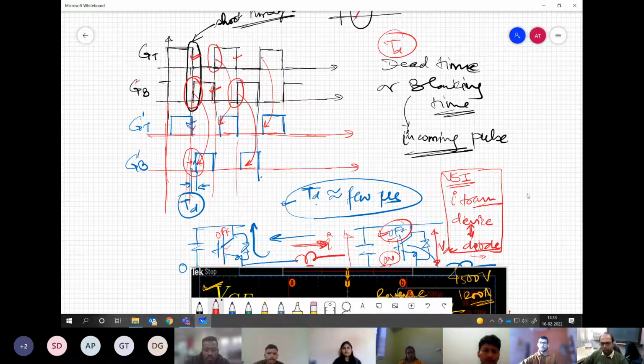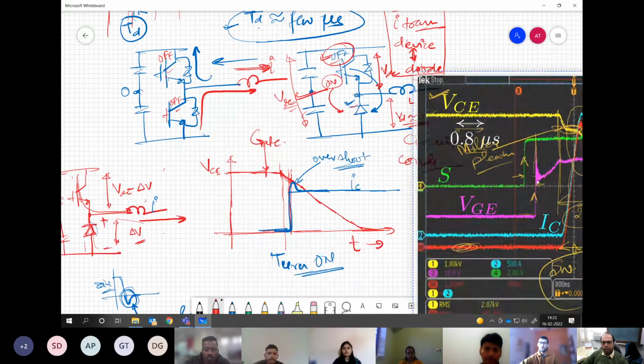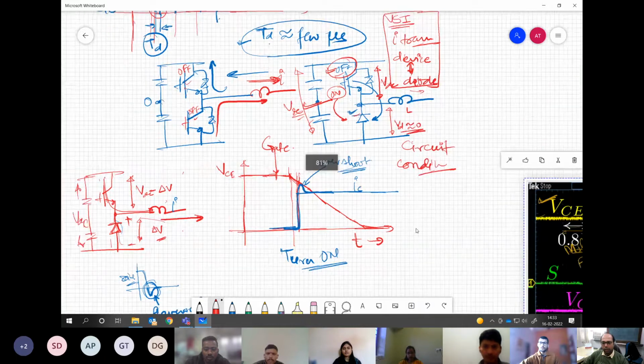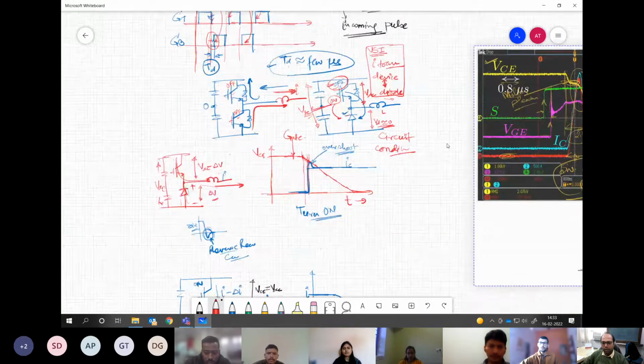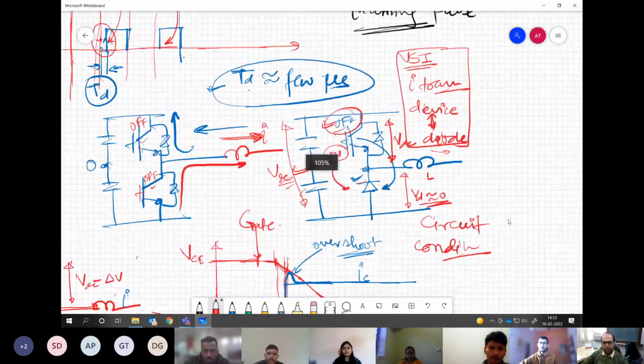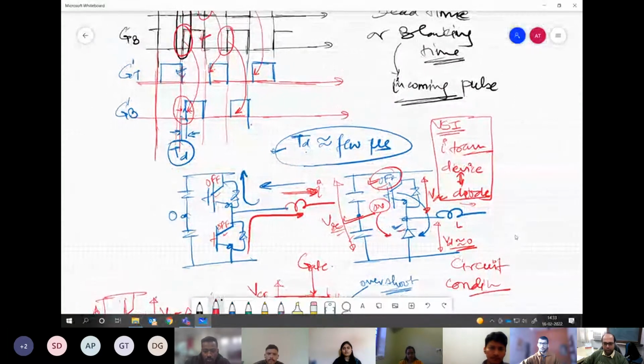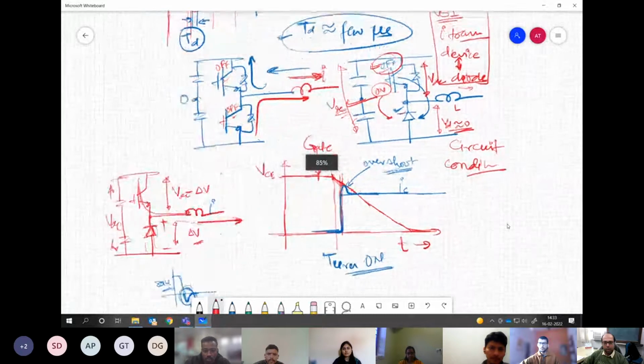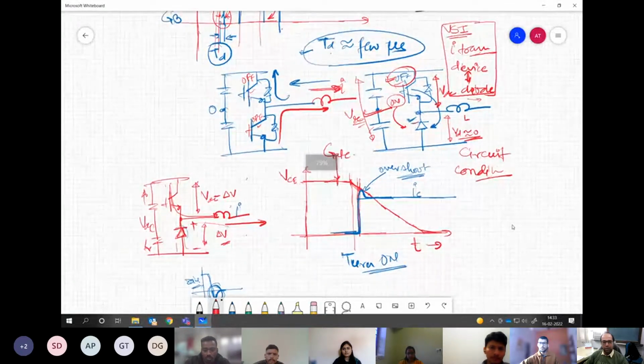In this process, we have understood that during this dead time, the transition of current might happen only between the IGBT and diode and never between two IGBTs. Whenever both the devices are off, the diode will support the flow of current.